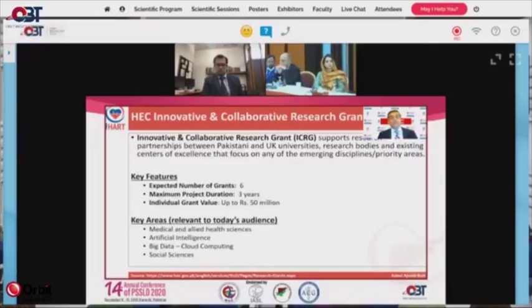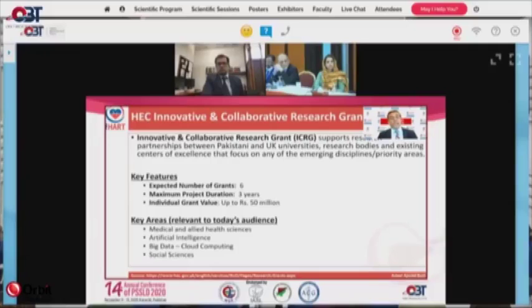The third type is the Innovative and Collaborative Research Grant, which supports research partnerships between Pakistani and British universities. Key features are that they expect to award about 6 grants each year, with a maximum project duration of 3 years and an individual grant value of up to 50 million rupees.